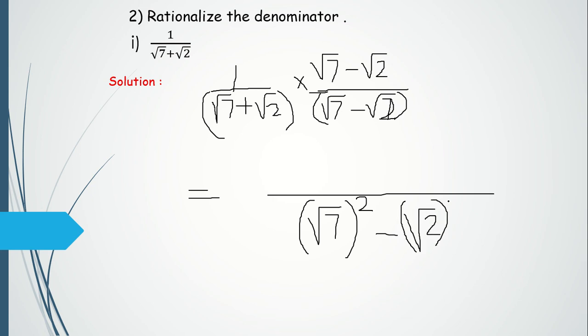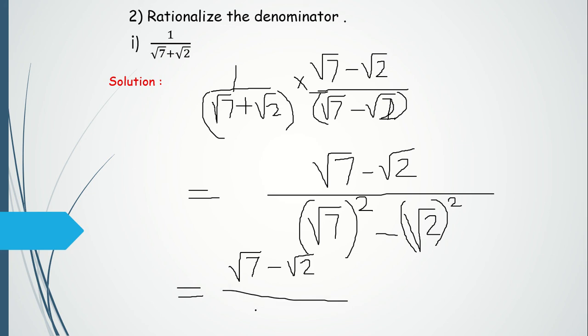Our aim is to get a rational number in the denominator, and in the numerator we will have root 7 minus root 2. That root 7 minus root 2 will remain as it is. We are not doing anything with that, and what we are going to get in the denominator is root 7 square is 7, because root and square are opposite operations, they will cancel each other. And root 2 square is also 2. Now 7 minus 2 is 5.